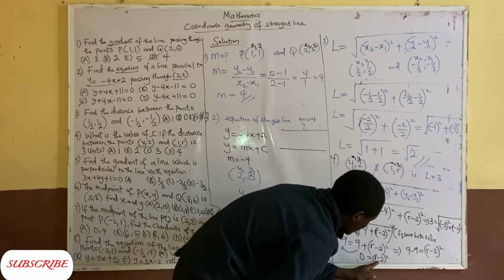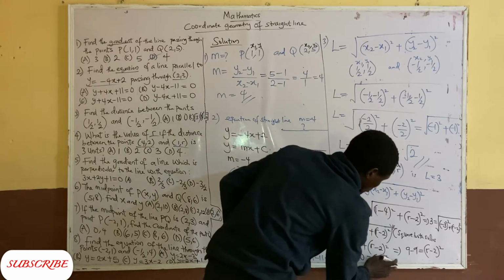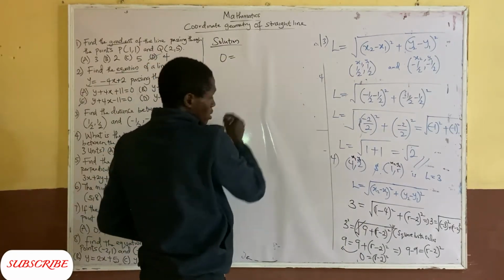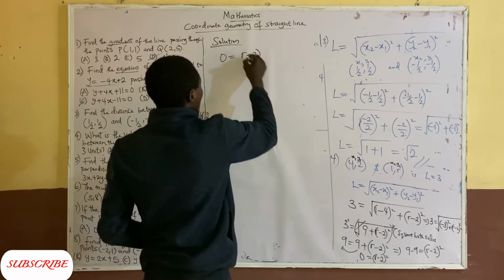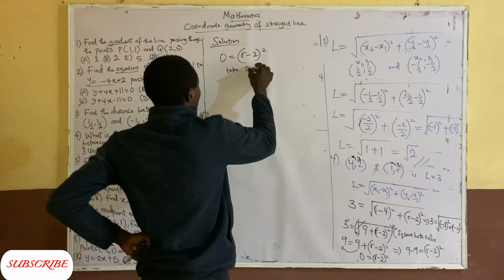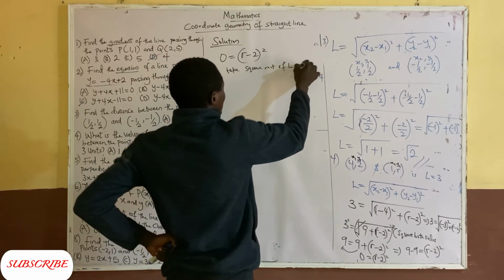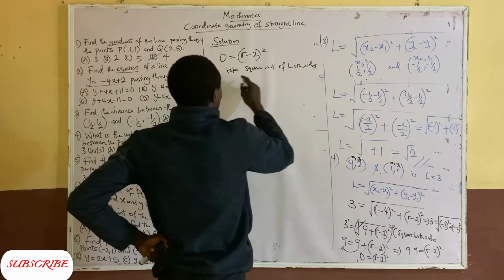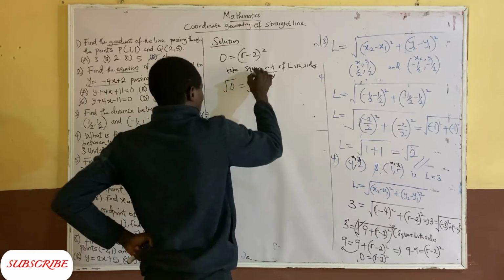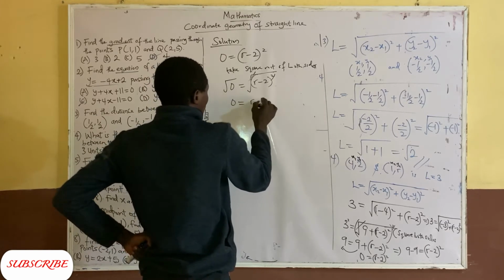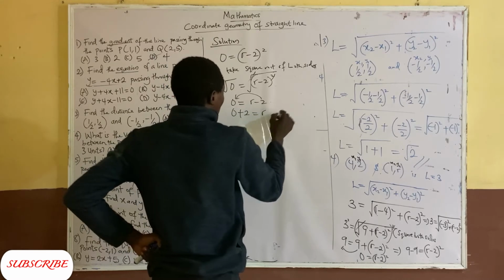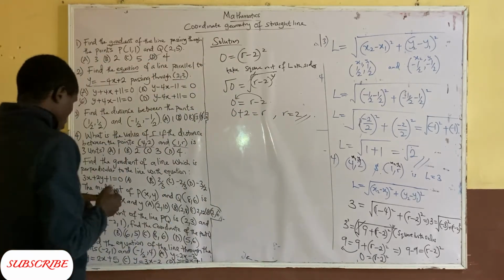Now you can take the square root of both sides. The square root of 0 is 0, equal to R minus 2, since the square and square root cancel out. Transferring the 2 to the other side, 0 plus 2 is equal to R. So R is equal to 2.